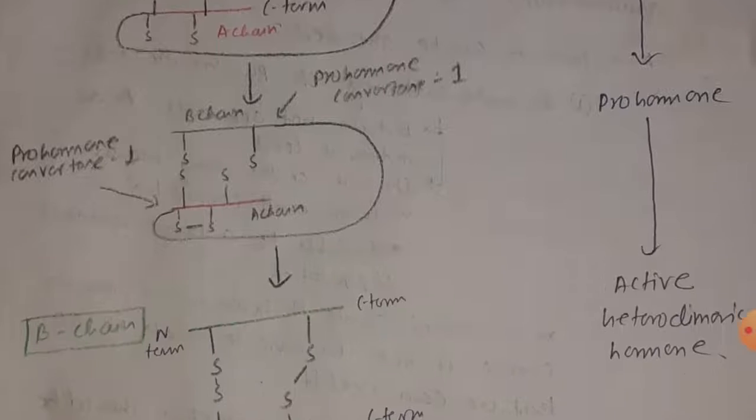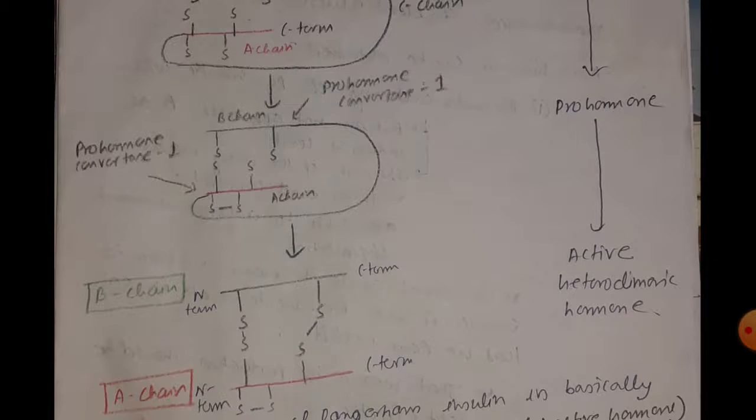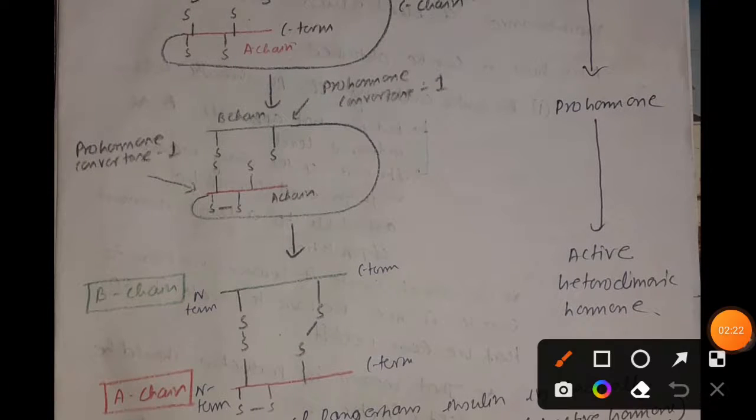Now from the prohormone, with the help of prohormone convertase 1, the conversion to active heterodimeric insulin takes place. The prohormone convertase 1 removes the C chain from between the A chain and B chain, and as a result disulfide bonds form between the sulfur groups present here, which leads to the formation of a heterodimeric hormone known as insulin.